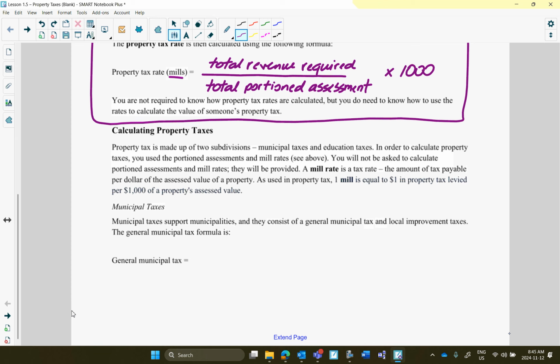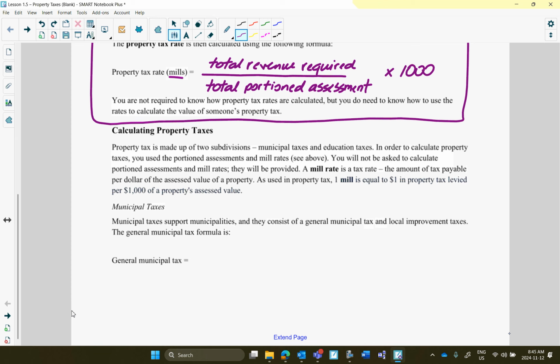So to calculate them, we use the portion assessment of your home and the property tax rates, the mill rates. And like I said, again, you're not going to be asked to calculate portion assessments or mill rates. They're always going to be provided with you. Okay? So we're going to talk about municipal taxes and education taxes. And then together, that's going to give us our total property tax.